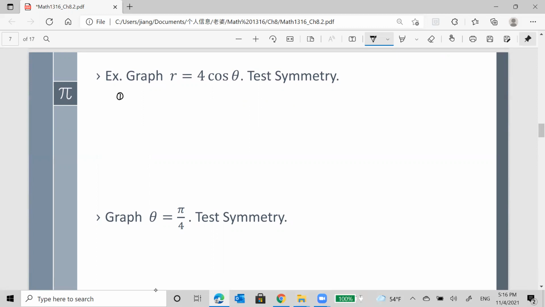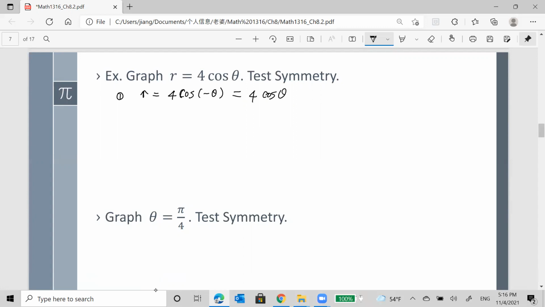Replace r, theta by r, negative theta. So r equals 4 times cosine negative theta. I know cosine theta is an even function, so this equals 4 times cosine theta.